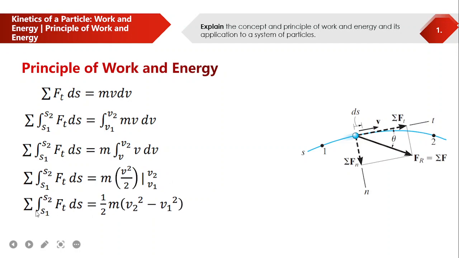So it is equal to one half m times v sub 2 squared minus v sub 1 squared.